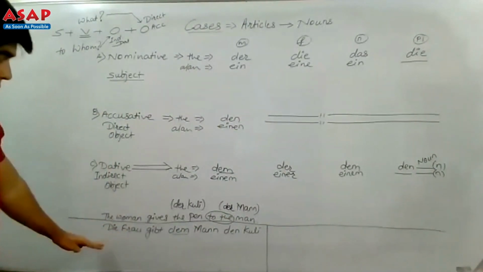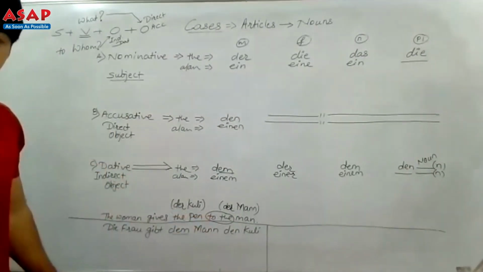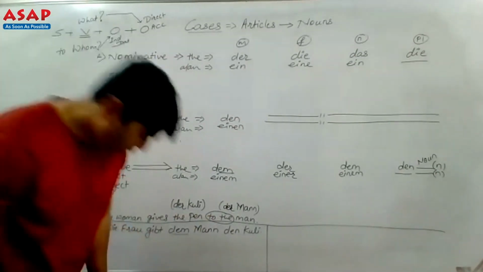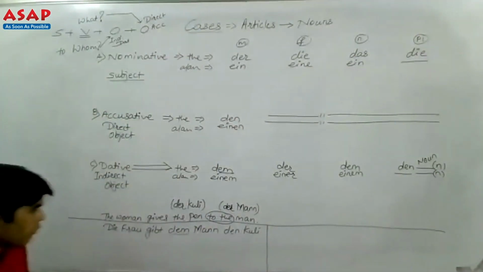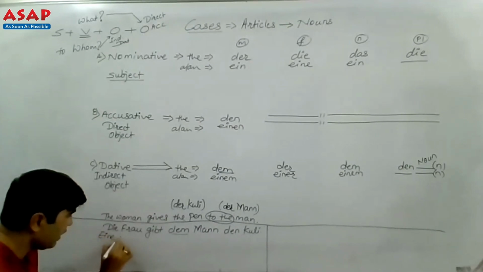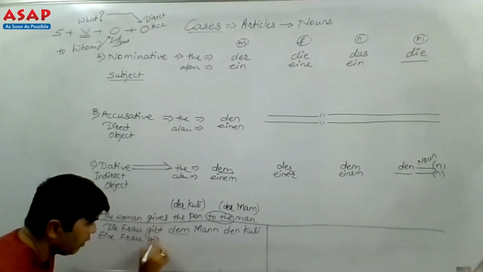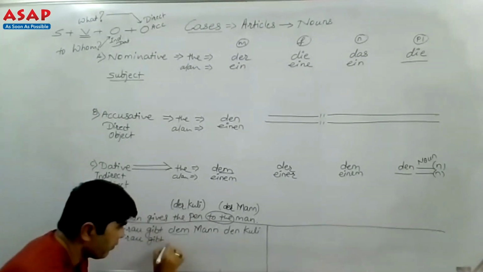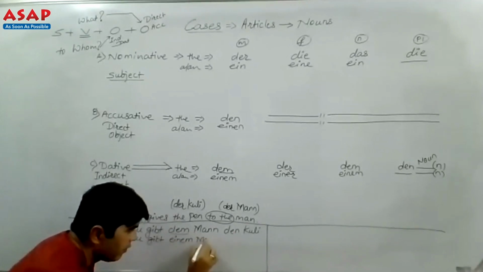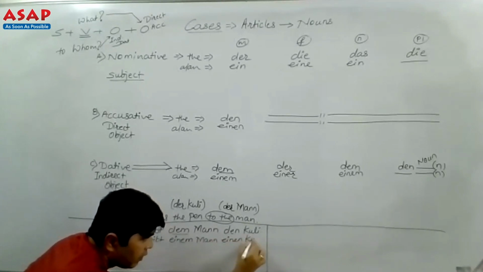Now let's frame the sentence. Instead of saying "the woman gives the pen to the man", we'll make the sentence "a woman gives a pen to a man". Then go ahead. Eine Frau gibt einem Mann einen Kuli.